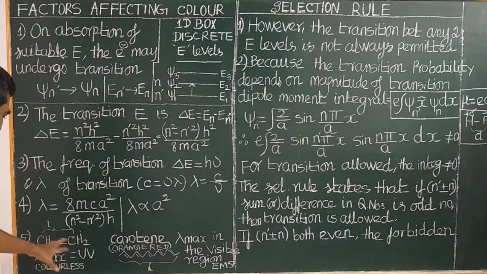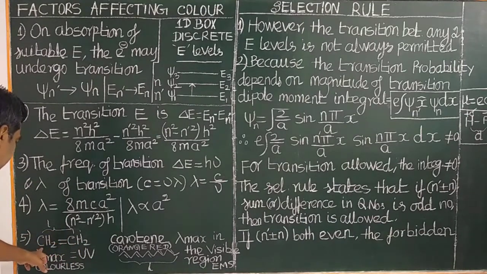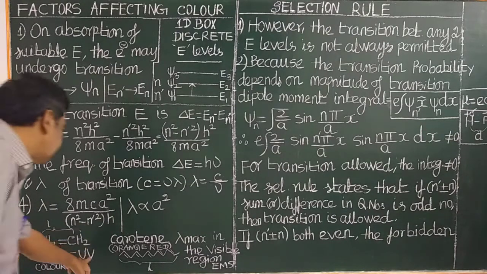For example, let us consider the ethylene molecule. In the ethylene molecule, it is considered as a particle in a one-dimensional box problem. There is a pi electron, and the length is L. In the case of ethylene, it is colorless because it absorbs UV light.